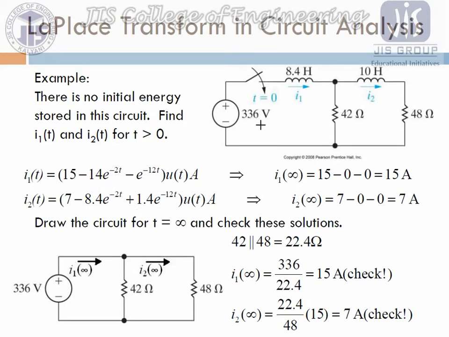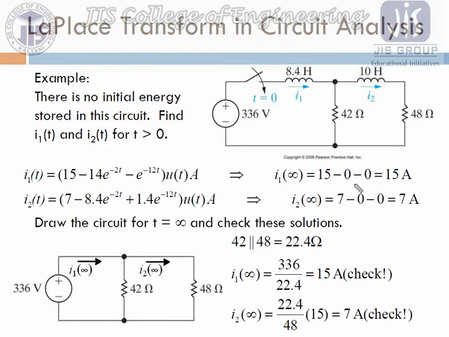We have already seen the initial condition, that is, I1 of t equals 0. Similarly for the final value, at steady state, if we consider t equals infinite, so I1 of infinite, just put t equals infinite, so e to the power minus infinite means this term should be 0 and this term will also be 0.